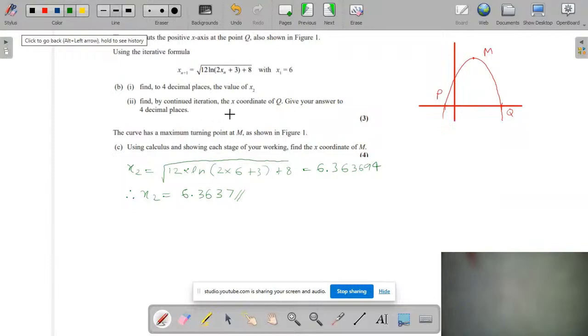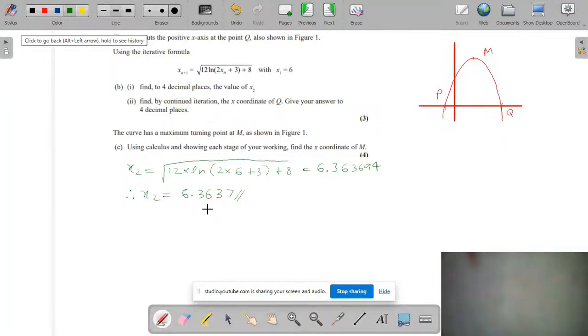Find by continued iteration the x coordinate of Q, giving your answer to 4 decimal places. Now what we do is continuously find the iterations until we get a satisfactory answer. I'll show you the step where we consider it a satisfactory answer. So I go back to my calculator. Then I substitute this 6.3637 value for xn in the formula again, so I replace that by the answer button.